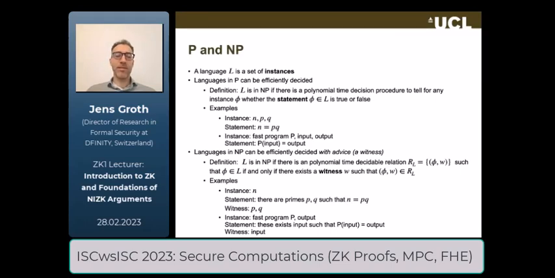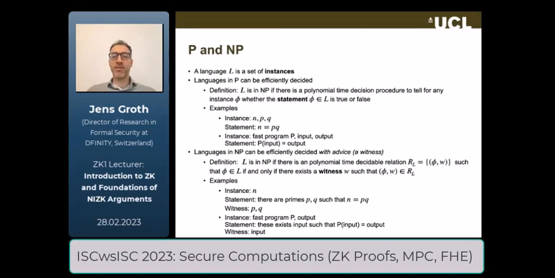Okay, NP are languages that can be efficiently decided if you have some advice, some witness to the statement. Languages in NP are defined by polynomial time decidable relations. A statement is in this NP language if and only if there's a witness such that the pair is in the relation.